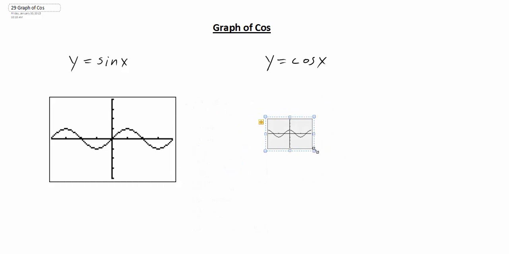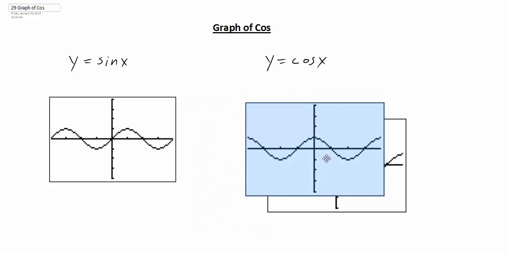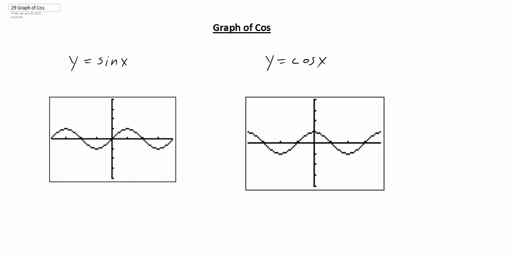So basically, other than the starting point of the cosine function, where it starts at the top as opposed to the sine function starting here, the graphs are pretty much similar. And what if we were to move it?